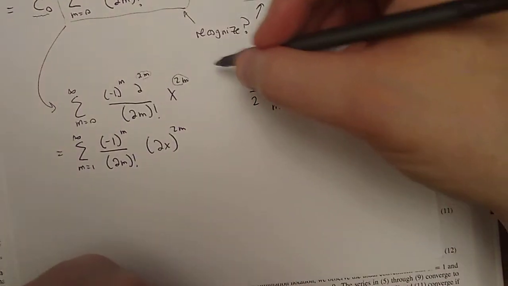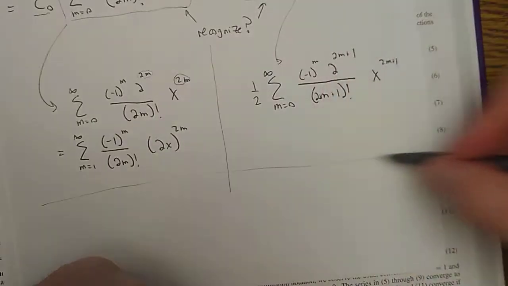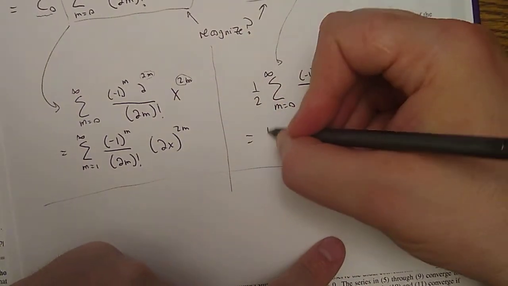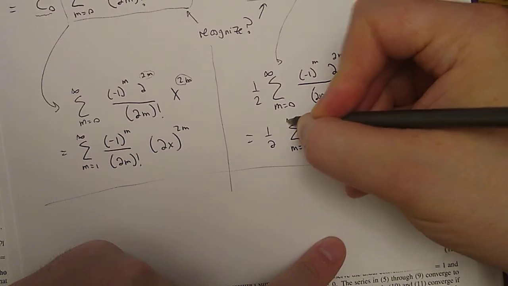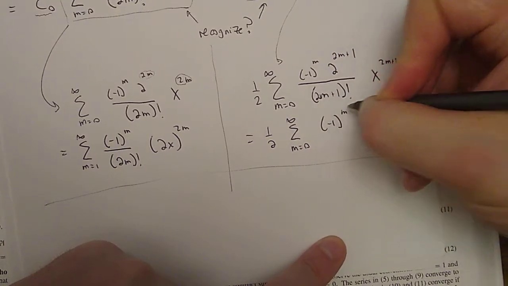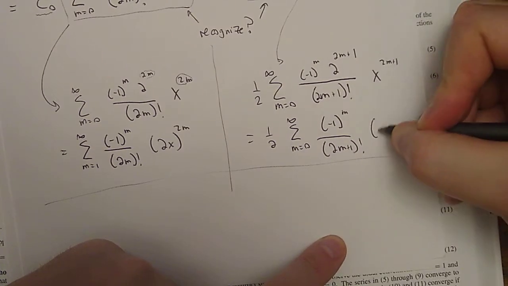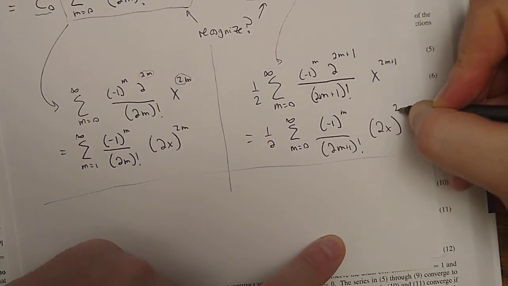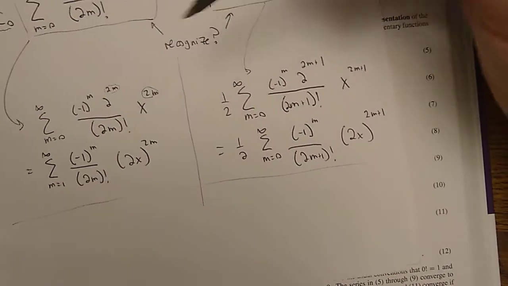That's like (2x)^(2m). And maybe I should draw a line down the middle here because these aren't the same thing. This one is (2x)^(2m+1). And now these are looking a lot better.